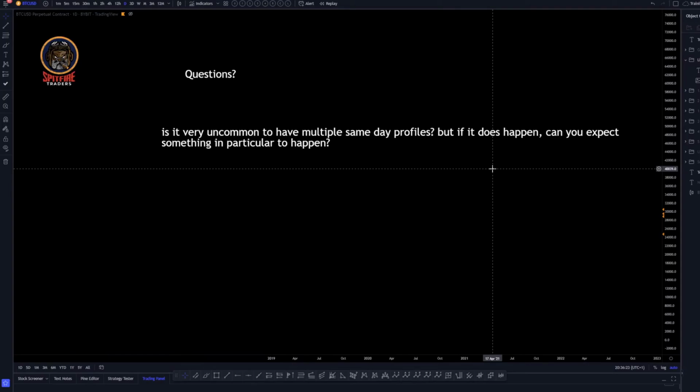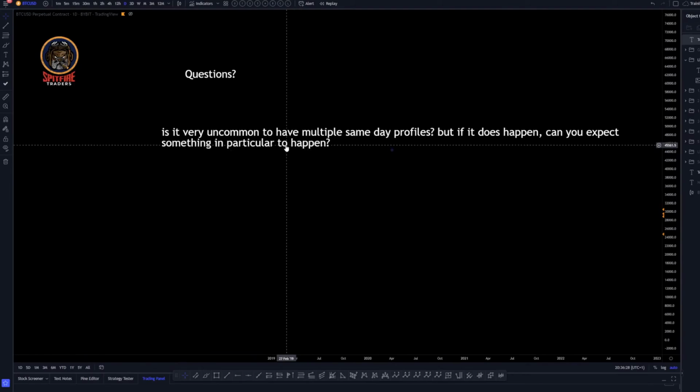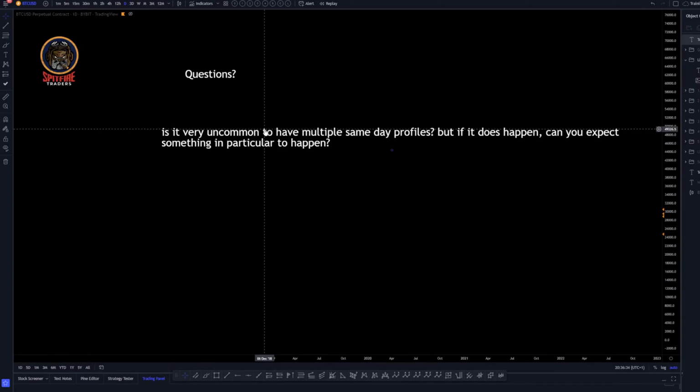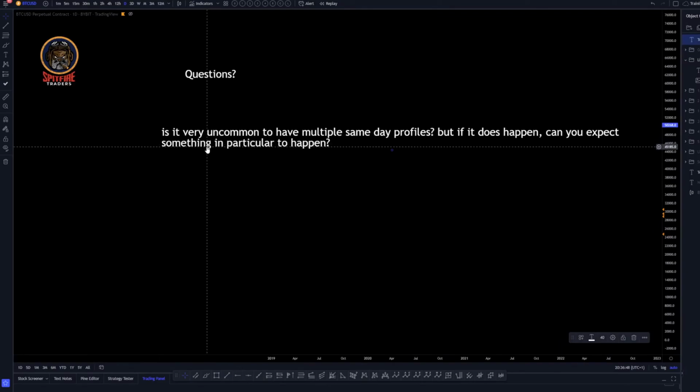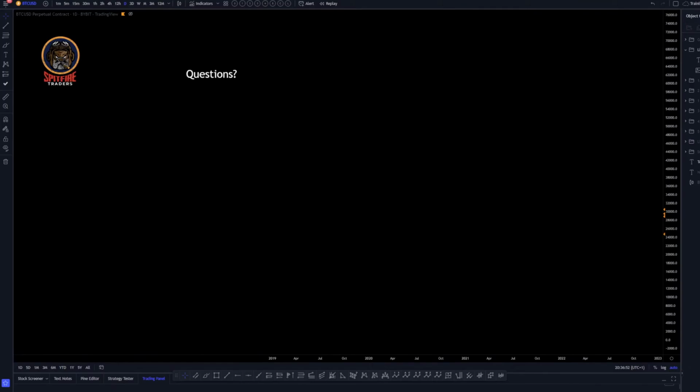So, it doesn't necessarily mean something's going to happen, but in theory, if you had lots of the range-bound days in a row, then naturally you would expect volatility to build, and you'd expect to see an explosive move out of it, or a bleed move out of it. So that's all you can really get from that. But it doesn't really happen, if I'm being honest. That's not saying it can't happen. Anything can happen. It's trading. It's crypto. You can make millions overnight and then lose it all the next day.